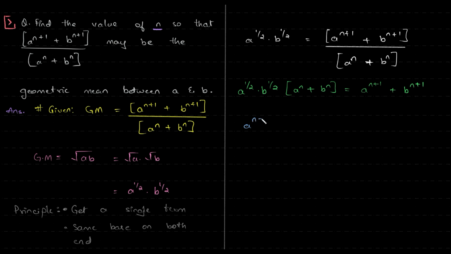So that would be something like this. And we have the second term. Again, I'm just using the distributive property. Then we have a to the power of half into b to the power of n plus half, which is equal to a to the power of n plus 1 plus b to the power of n plus 1.